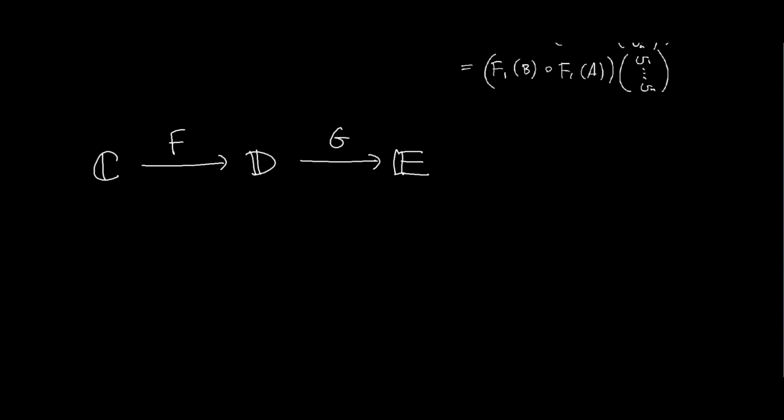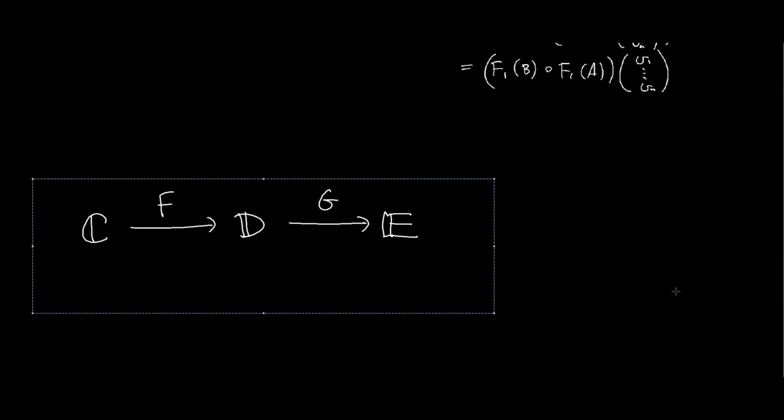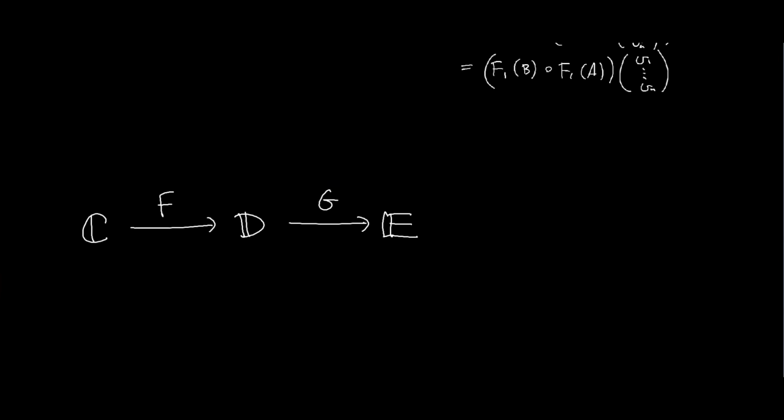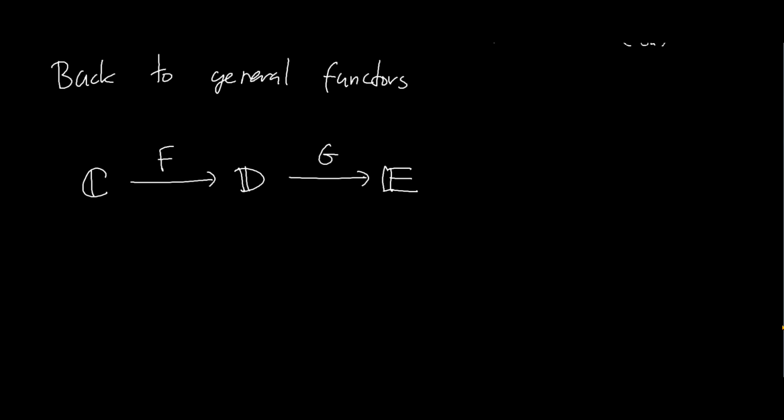So if I have two functors and three categories, C, D, and E, and the functors, let's call them F and G. So let's say here that we are now back to general functors. I can compose functors.